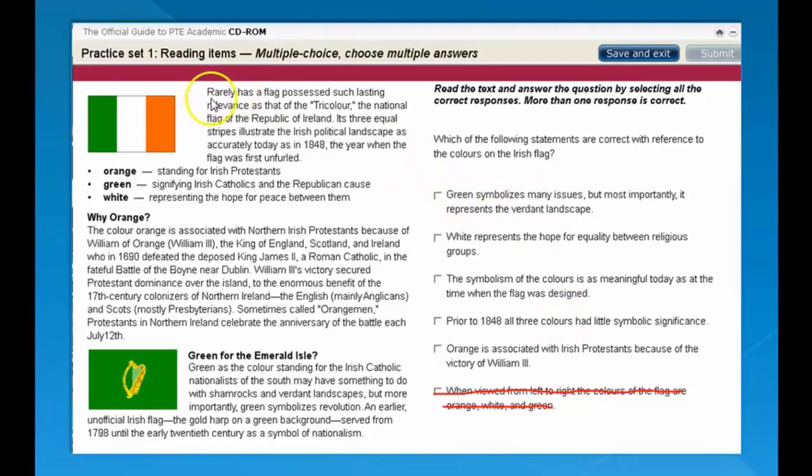So beginning, we have: rarely has a flag possessed such lasting relevance as the tricolor. Three equal stripes that illustrate the political points heroes unfurled. Orange for Protestants, so that relates back to here. Green for Irish Catholics and the Republican cause. If we recall properly, that does not agree with this statement here, so this is also false.